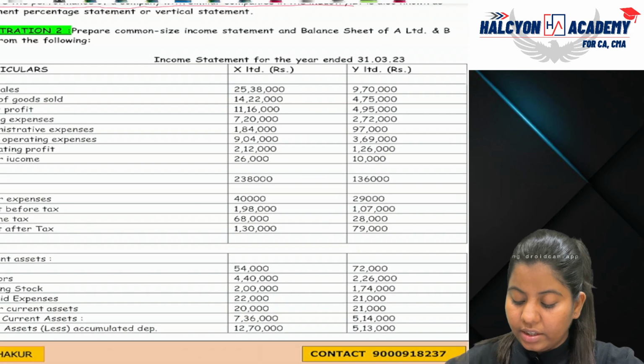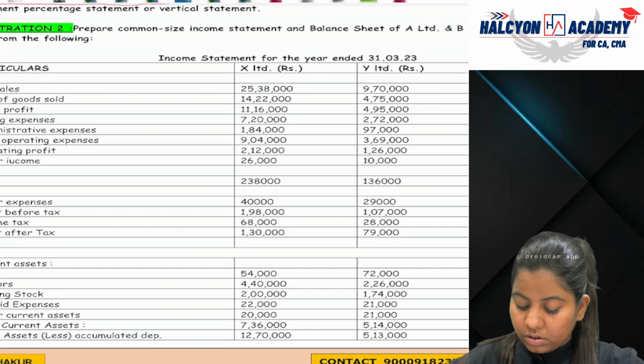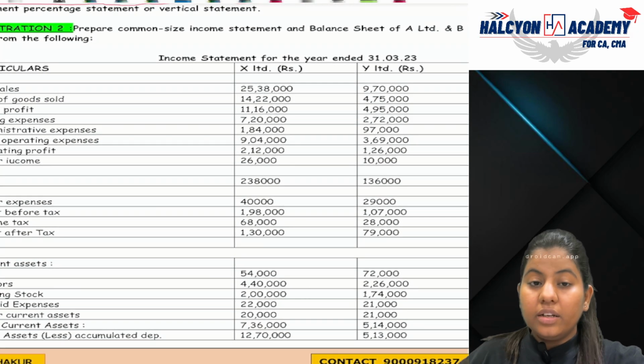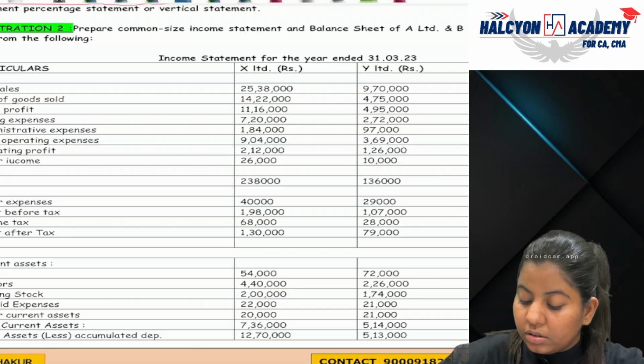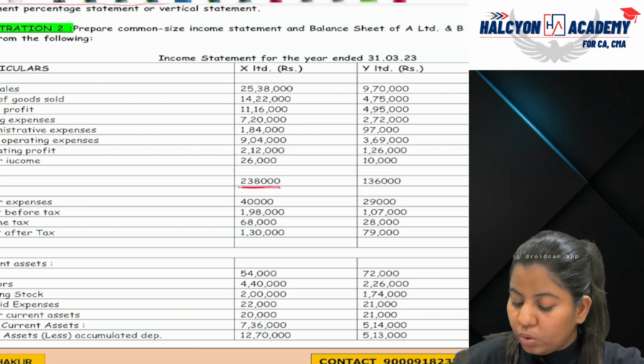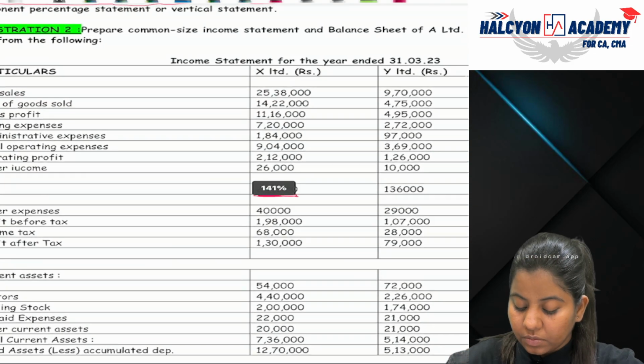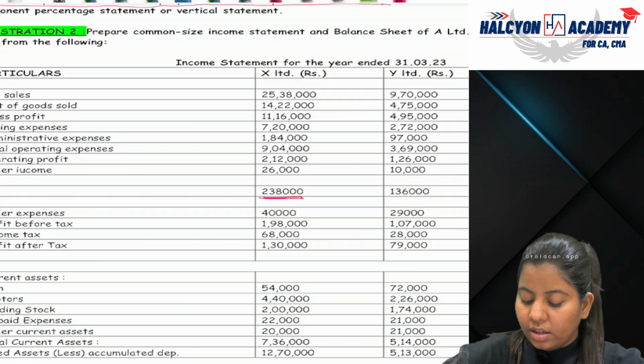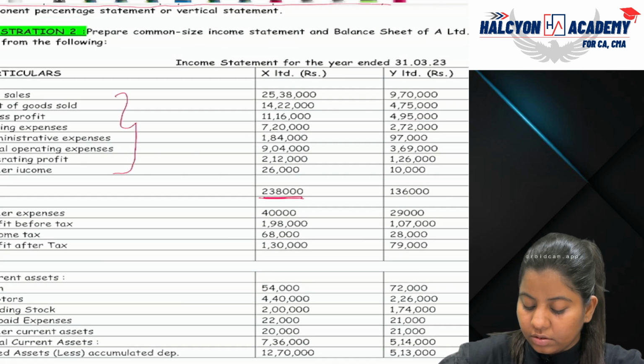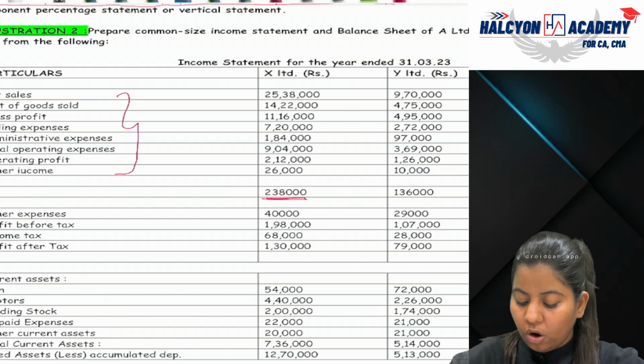If you can see here, net amount is given, 2,38,000, net of all this.